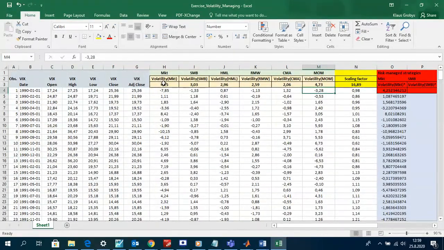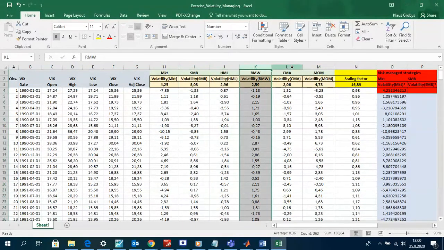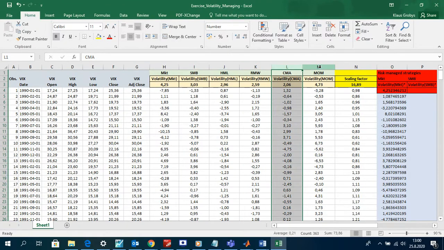Then in columns H until M, we have the different risk factors: the market risk factor, the size factor, value factor, profitability factor, investment factor, and momentum factor. These are the risk factors of the Fama and French six-factor model, and six of the nine risk factors investigated in the paper we just discussed.